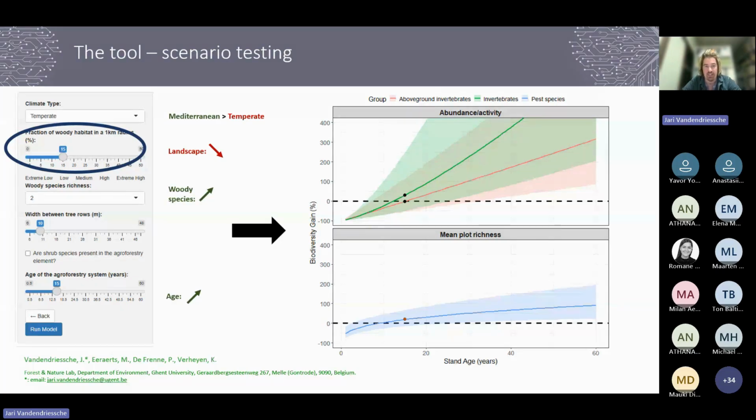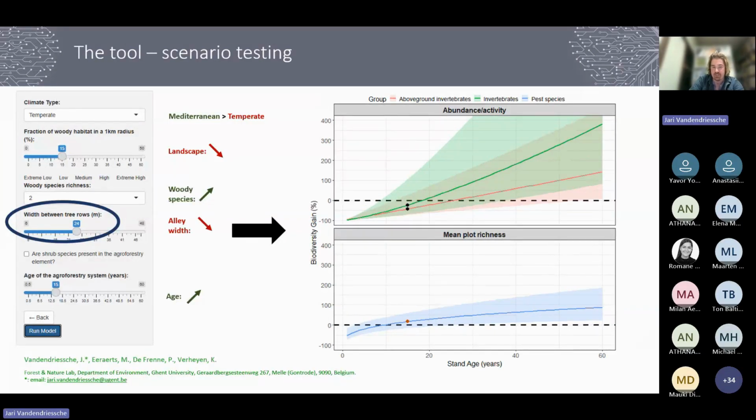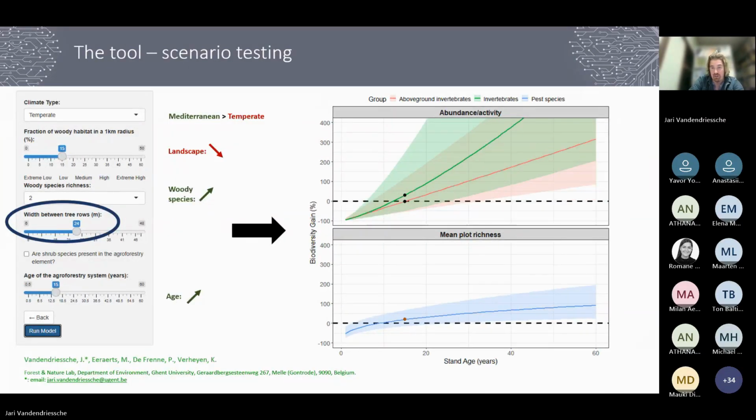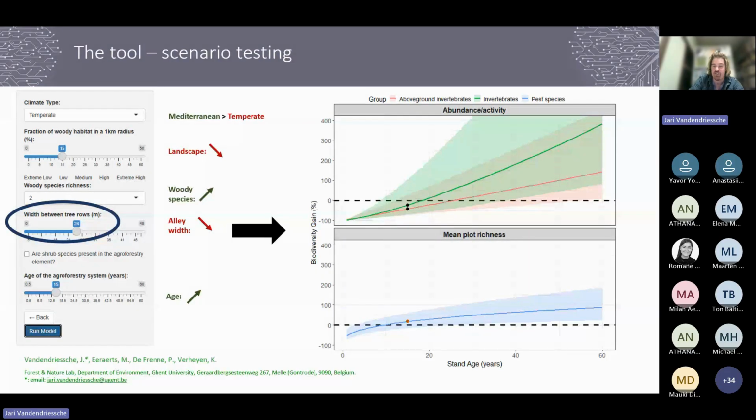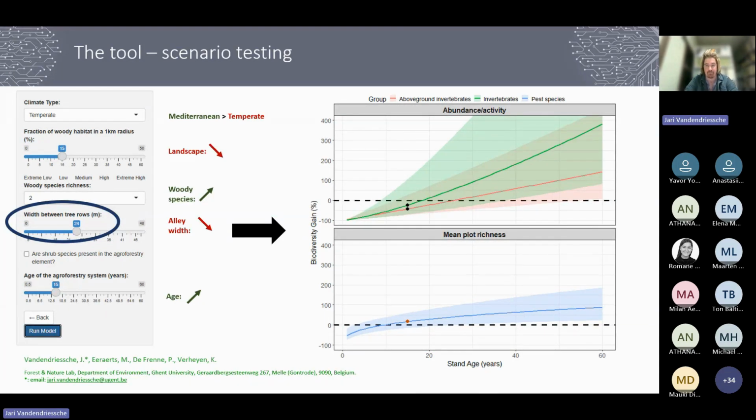So apparently increasing the woody habitat around simulates a small decrease of biodiversity gains. Increasing alley width has almost no effect, but there is a slight decrease as well. If you look very carefully, you see it decreasing a bit.